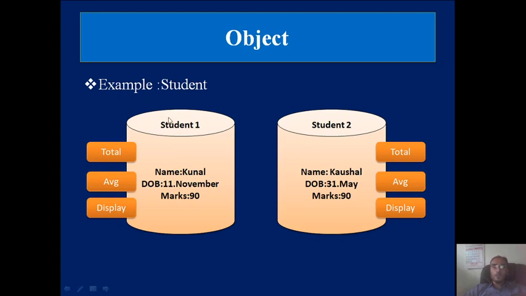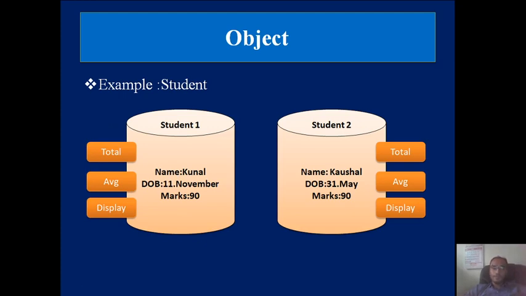So you can see that student 1 and student 2 are two objects, each having three data values, name, date of birth and marks, and three member functions to operate upon those data members.